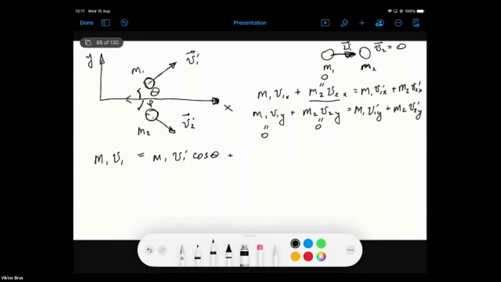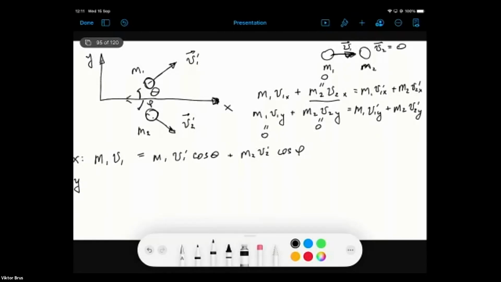Now we need the contribution from body M2. So it will be M2 times V2 prime times cosine phi. Okay, so this is for axis x.